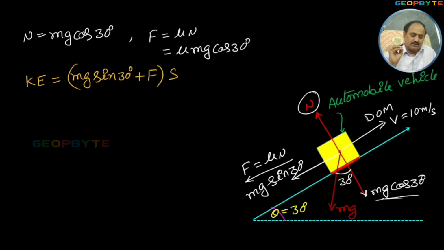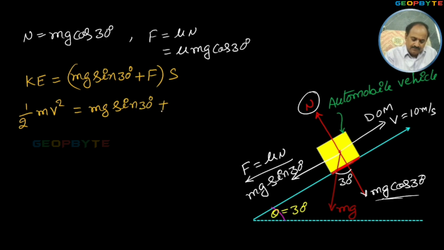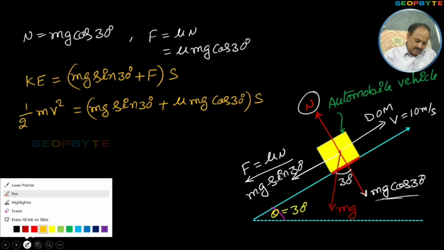That net energy causes the vehicle to travel a distance s. So here, kinetic energy equal to half m v square equal to mg sin 30 degrees plus F, where F equals mu mg cos 30 degrees, multiplied by the distance traveled by the vehicle.